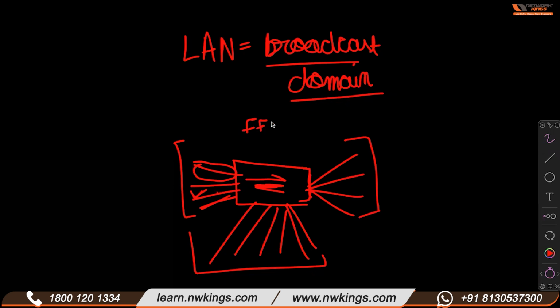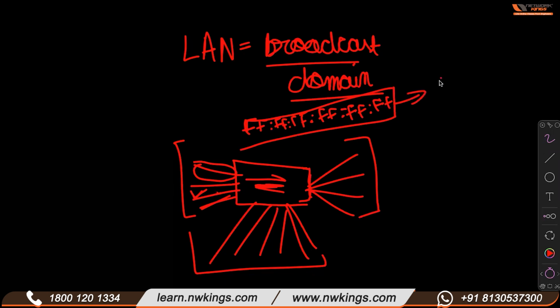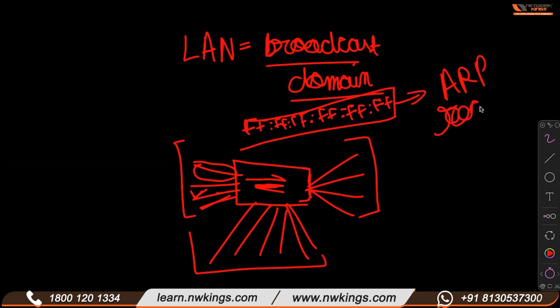It is going to label the MAC address as FF:FF:FF:FF:FF:FF, and basically it's going to send it to everyone. Okay, so this is how an ARP request works, right? I've already discussed this previously as well.